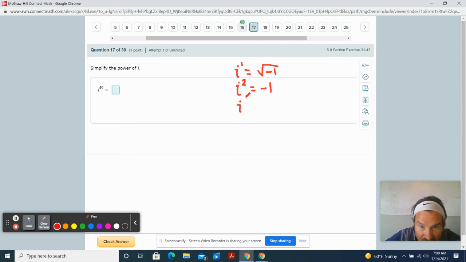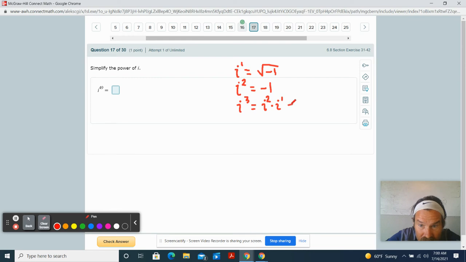So, say if I have i to the third power. Well, i to the third power is i to the second power times i. The property of exponents still holds true. i squared times i to the first is i to the third. 2 plus 1 is equal to 3, adding the exponents.